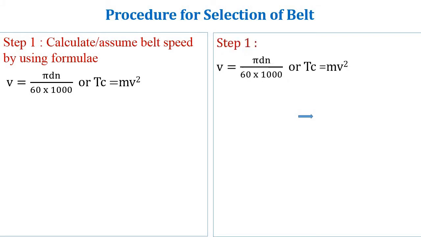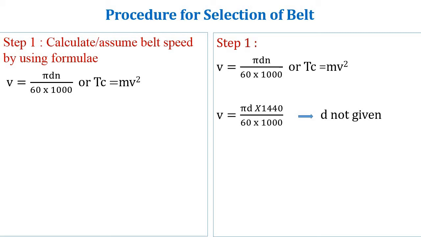Now simultaneously we are going to solve the problem. So in our problem, small n is given, that is 1440 rpm, but here d is unknown, so we can't find out the velocity by using these two formulae because Tc is also unknown.